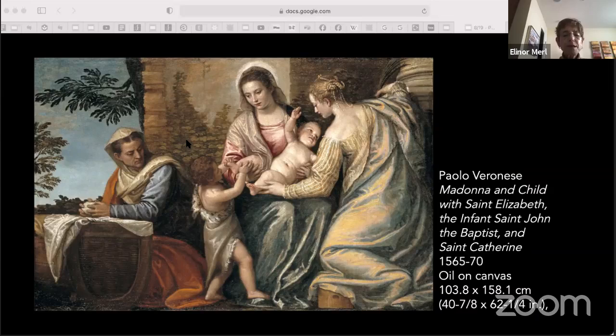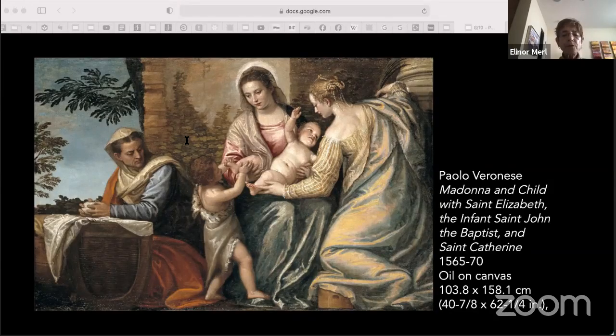The subject of this painting is not strictly biblical. Rather, it's what's known as a sacra conversazione, or holy conversation, in which the Virgin and Child appear with a changing cast of saints in a relatively informal grouping. Such depictions were hugely popular in 16th century Italy.